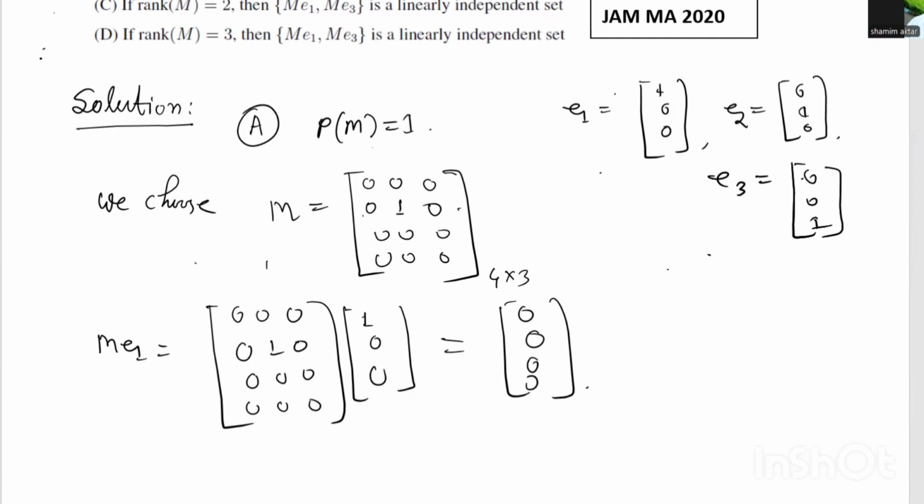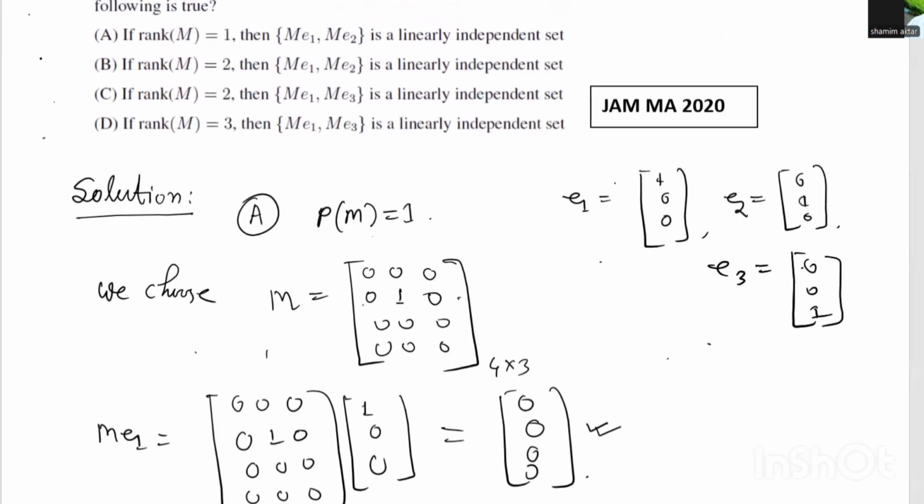So here one element is the zero element, and we know that any linearly independent set does not contain a zero element, so this is not linearly independent. So the first option is false.